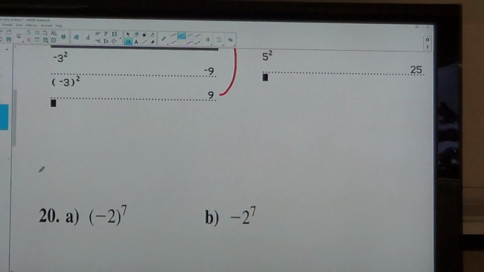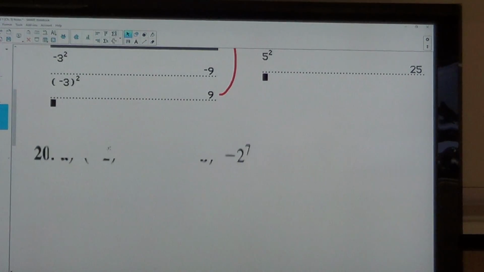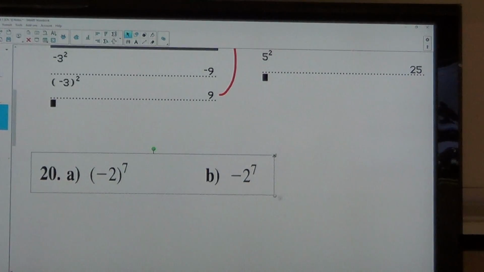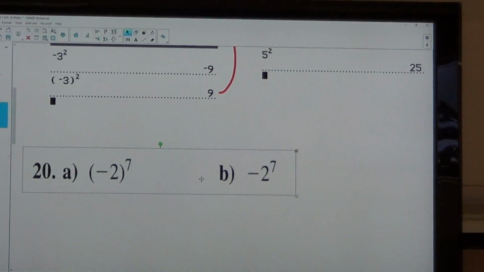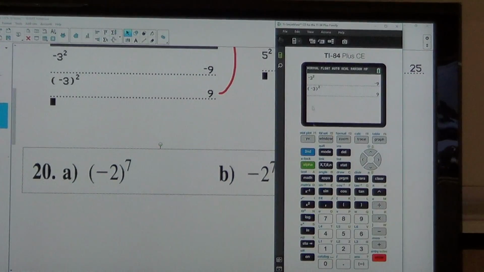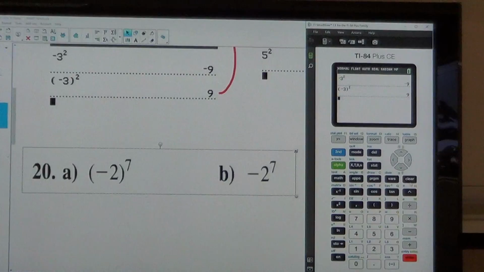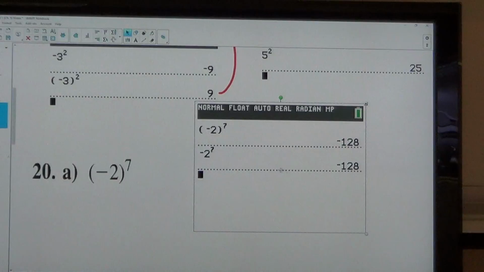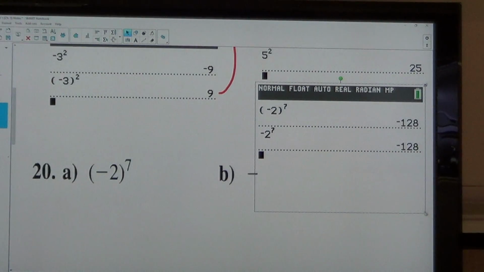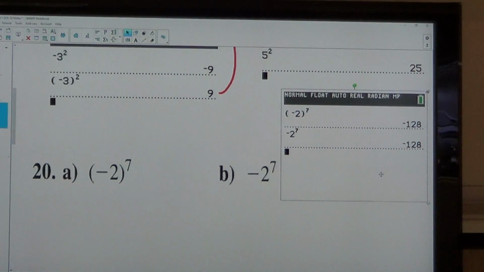All right, so now these are going to be very similar, just getting you used to typing them in. All you're doing is typing them exactly like you see them. And on your test, you're going to want to tell me, but Miss Cooper, I had it, I just had the wrong sign.